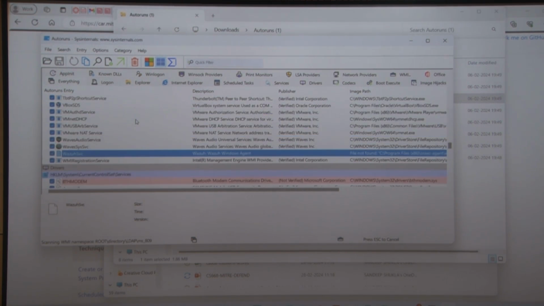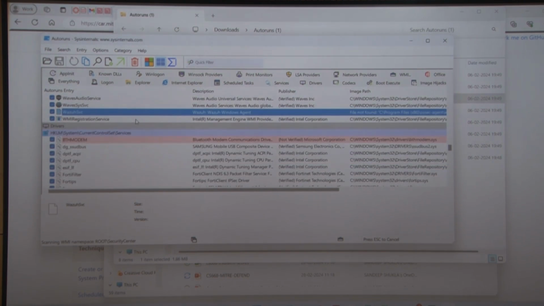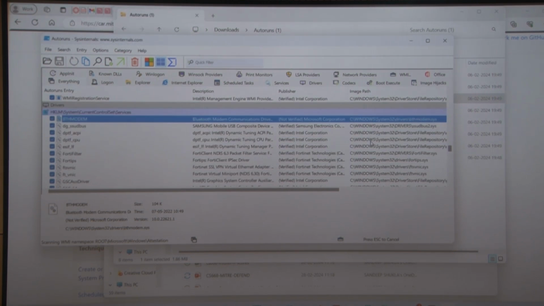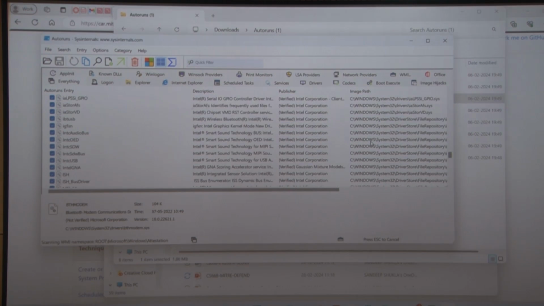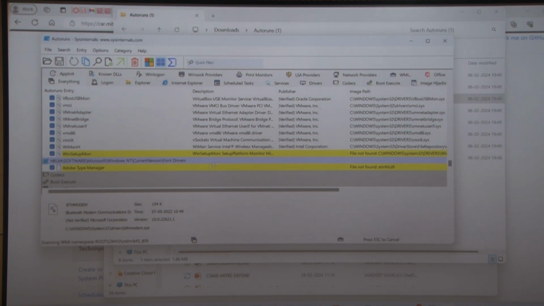This has been part of my startup folder or Autoruns, but it is not there. Here is a Microsoft driver which seems to be not verified. That is highly suspicious. Here is another one for which the file has not been found.